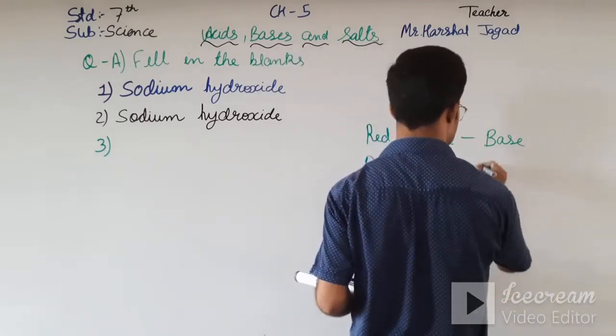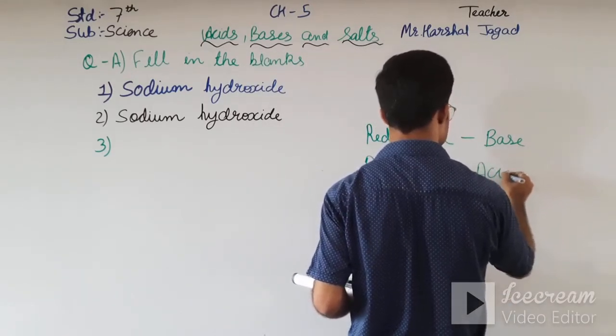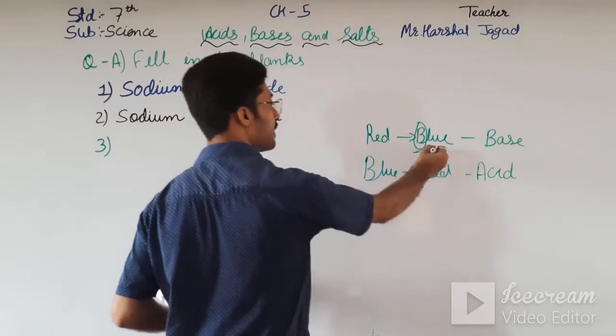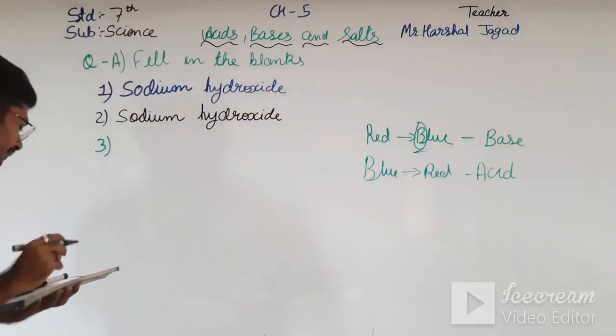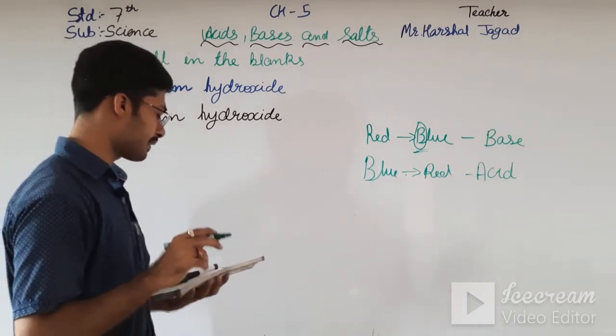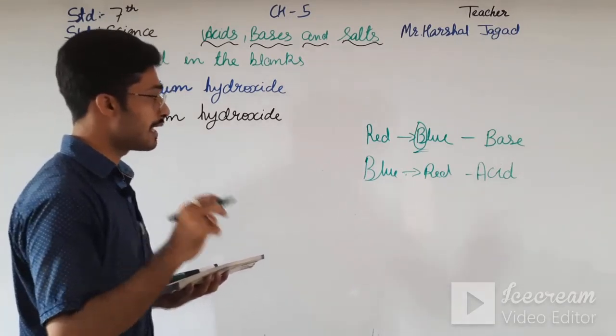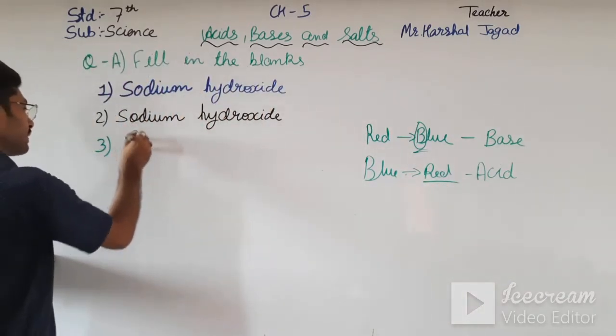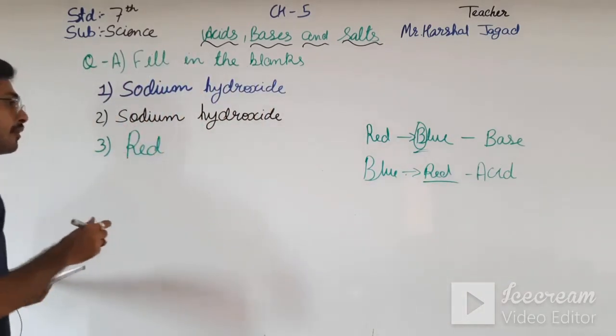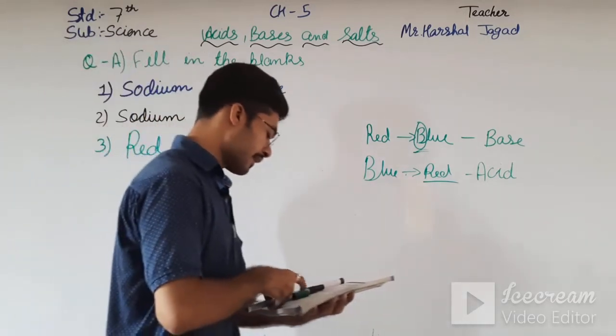Acid. Okay students, you just have to remember this. So blue litmus paper turns dash in presence of acid. See here, it is given red, so our answer is red.